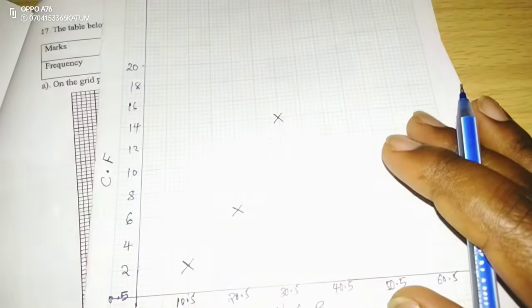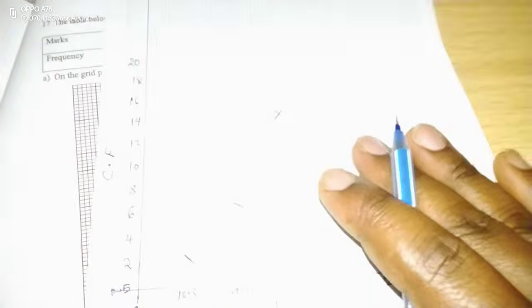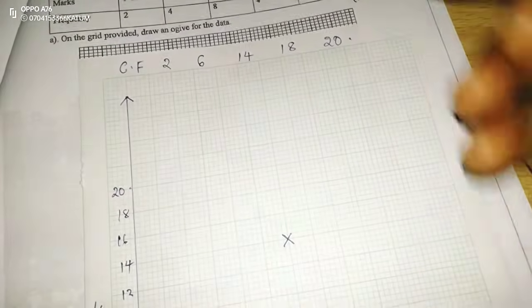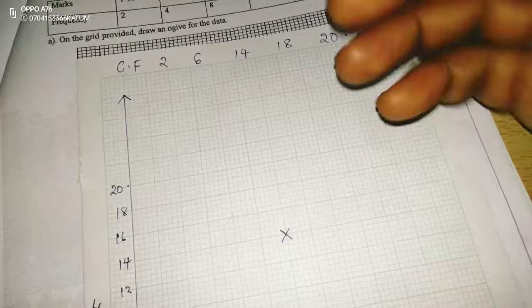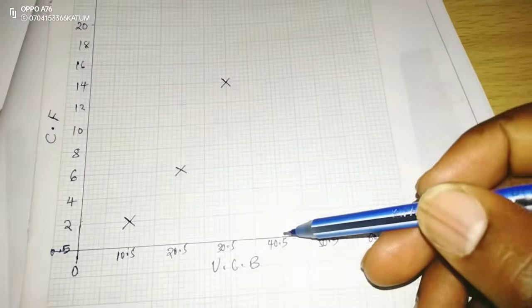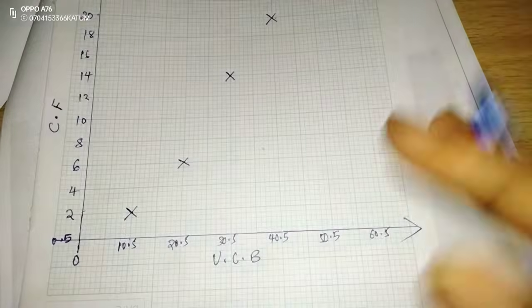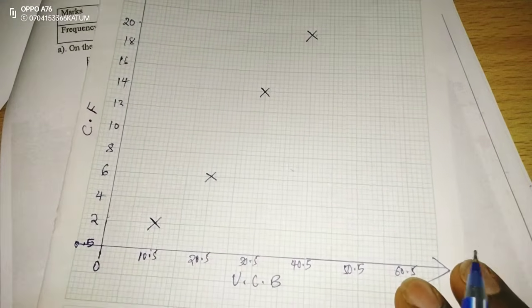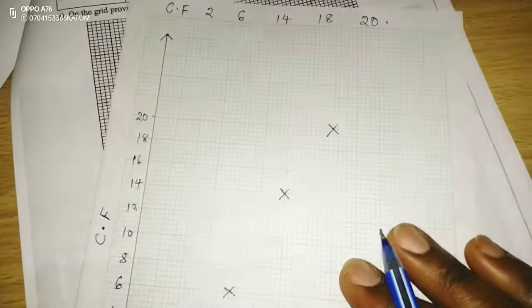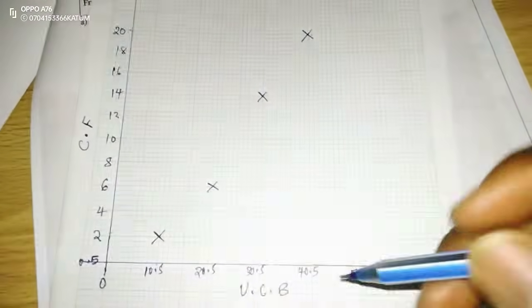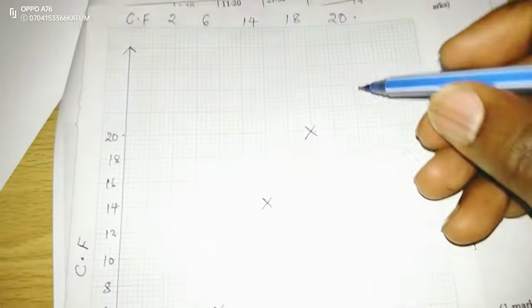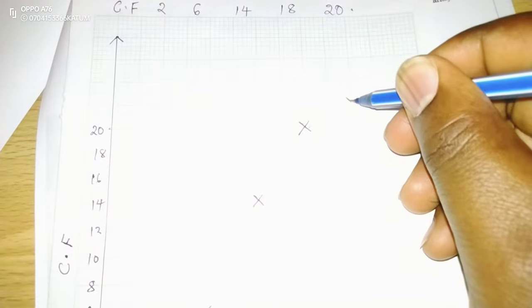The next one will be 40.5 against 18. So 40.5 goes against 18, which is here. And finally, 50.5 against 20. So against 20, it will be here.